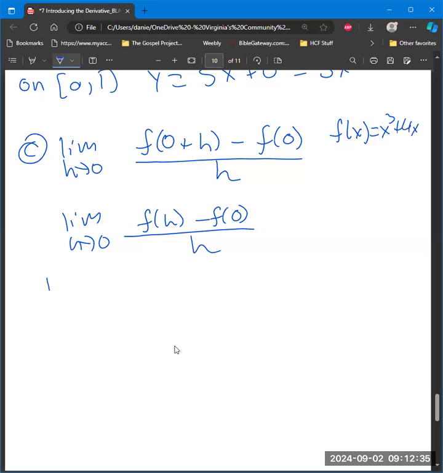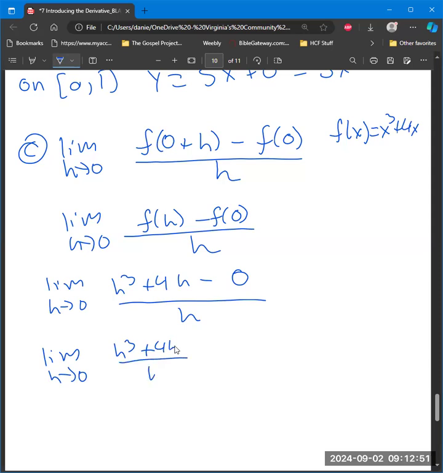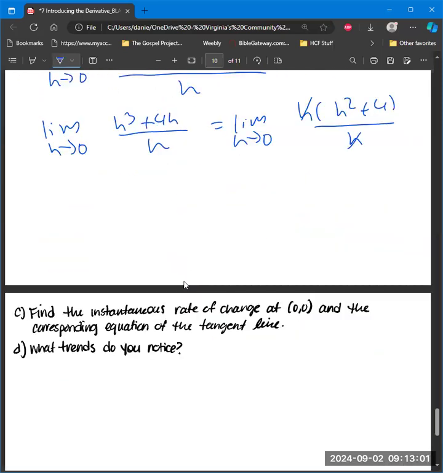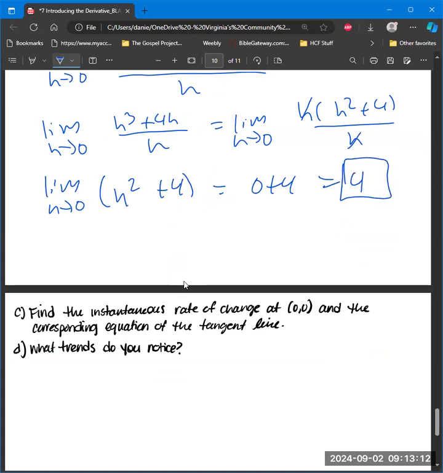So this is limit as h goes to 0 of h cubed plus 4h minus 0 over h, which is limit as h goes to 0 of h cubed plus 4h over h, which is limit as h goes to 0 of h times h squared plus 4 over h. The h's will cancel, leaving me with limit as h goes to 0 of h squared plus 4, which is 0 plus 4, which is 4 for part C.